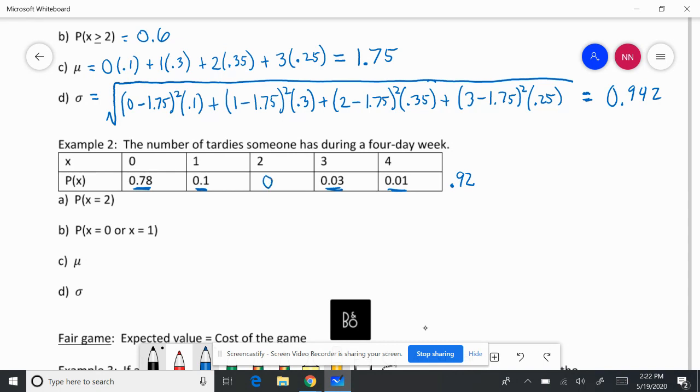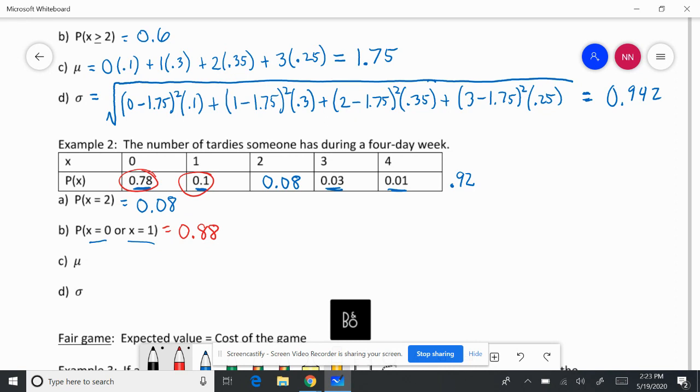So that gives me my first answer. Now for my second answer, I'm trying to find 0 or 1. So if I'm looking at this, 0 or 1, I add both of those up, and I get 0.88.